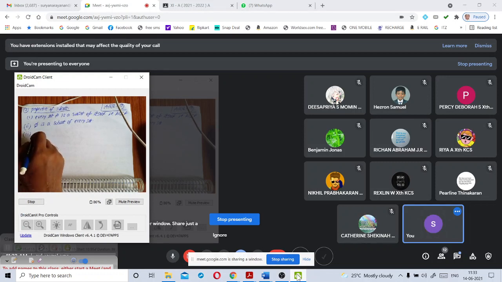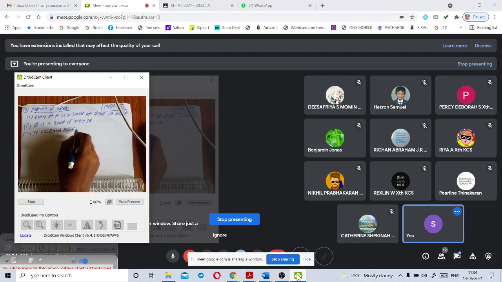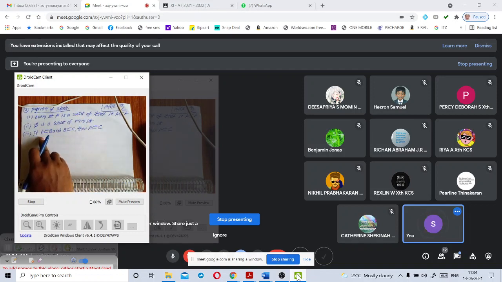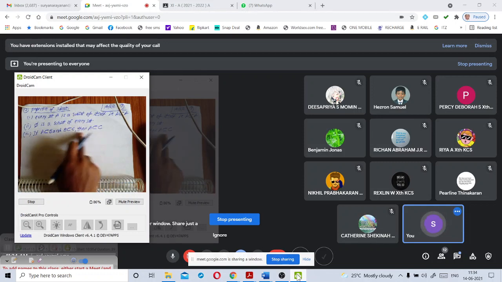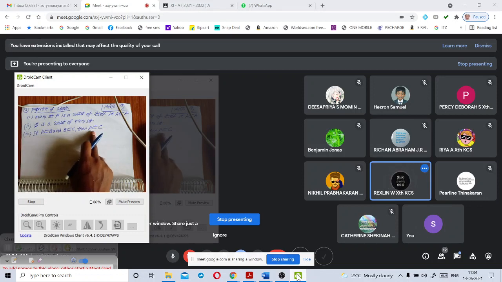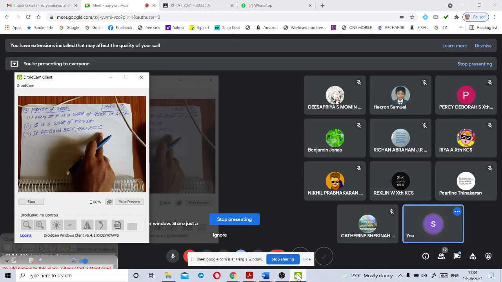Next one. Can you read this one, my dear Rexlin? Can you read this line? So if A is a subset of B and B is a subset of C, then A is a subset of C. Very good, my dear Rexlin.